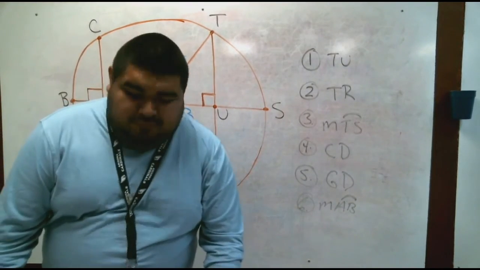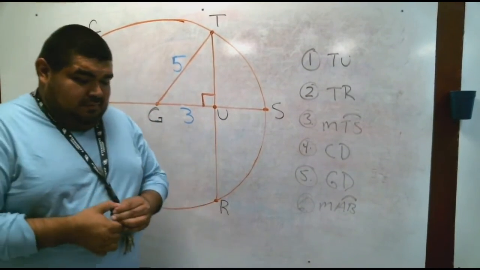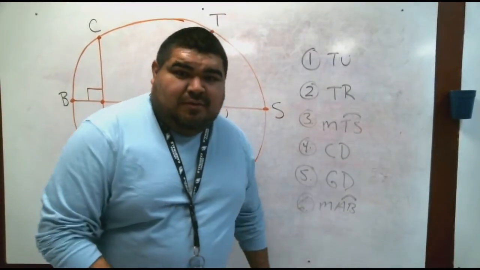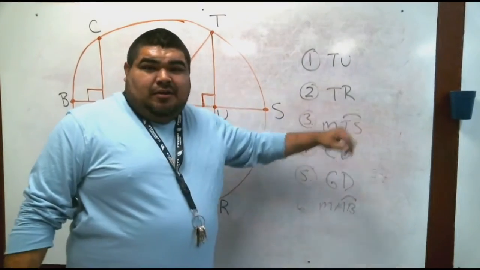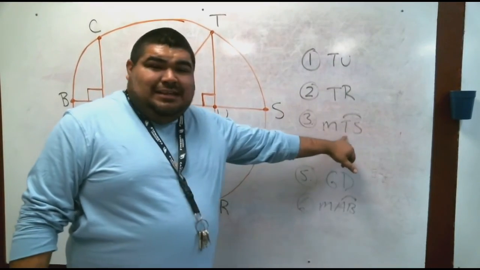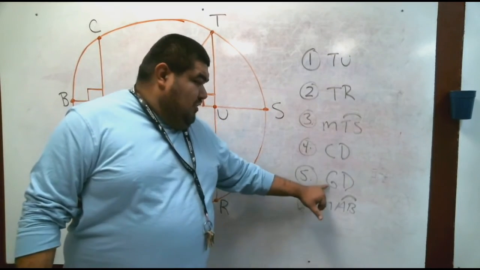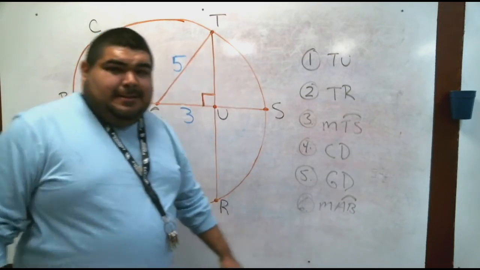Those are the ones you have to find. Make sure you answer all 6 of them, okay? So we have TU, TR, the measurement of arc TS, CD, GD, and the measurement of the arc AB, okay?